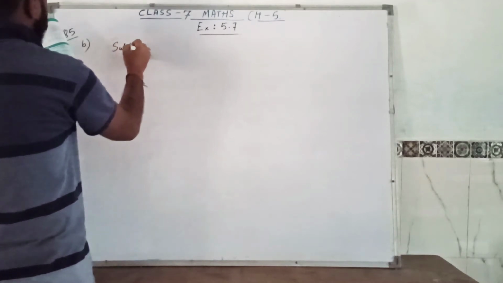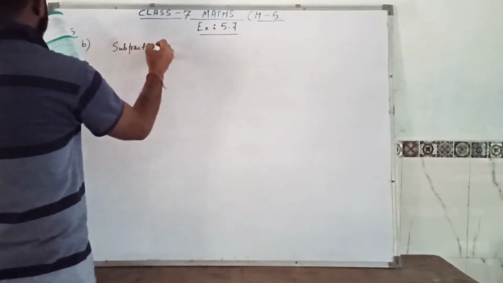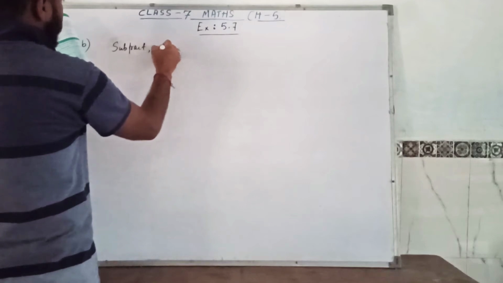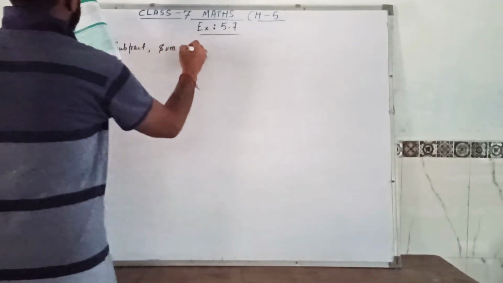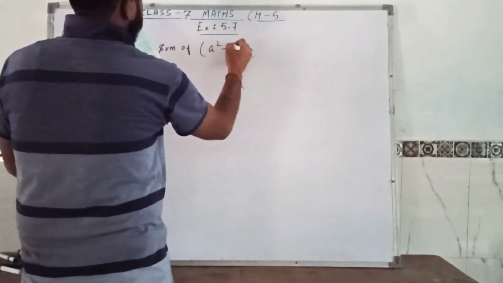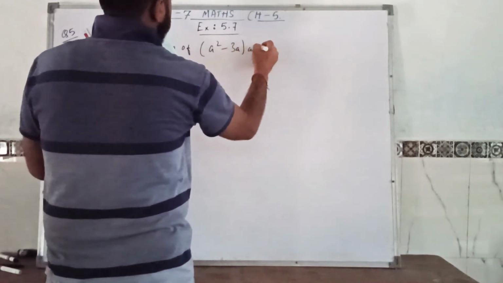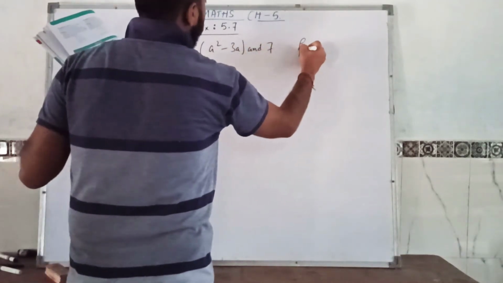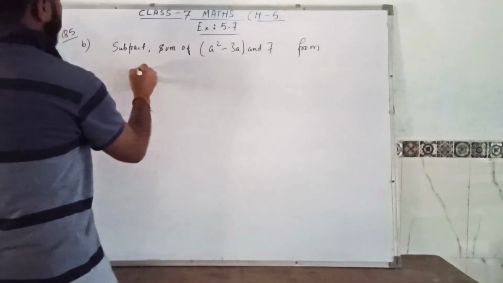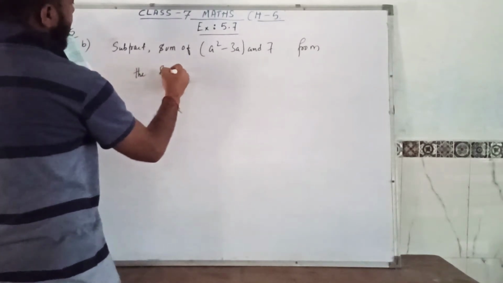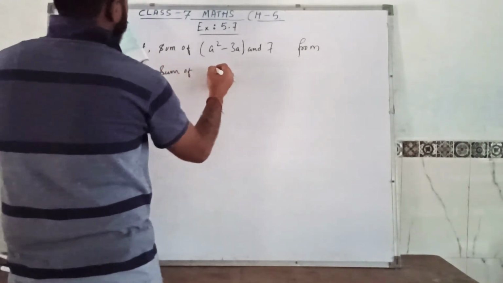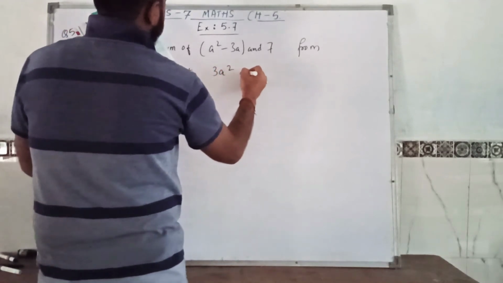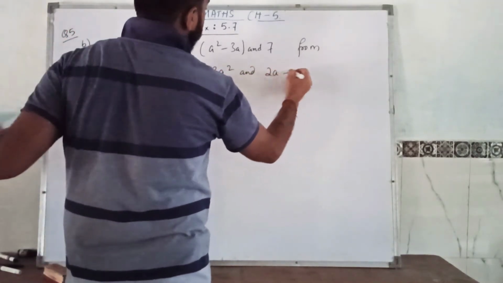Subtract the sum of a square minus 3a and 7, from the sum of 3a square and 2a minus 2.